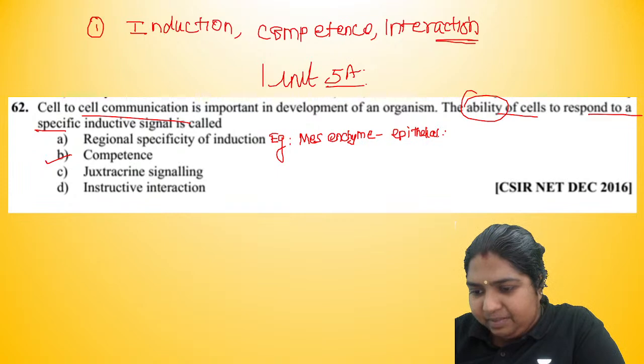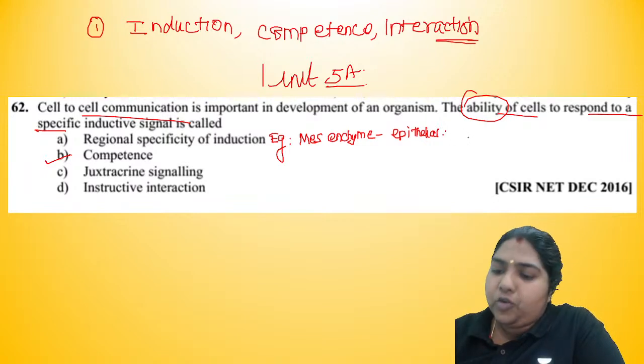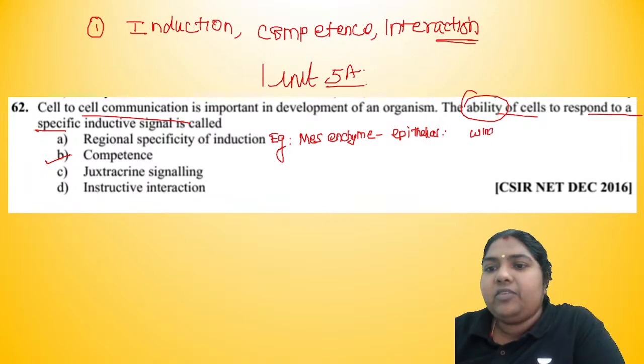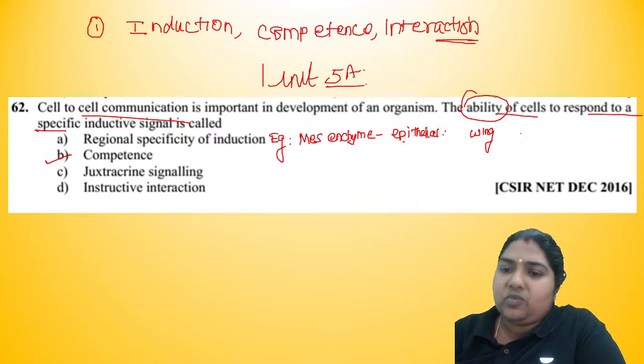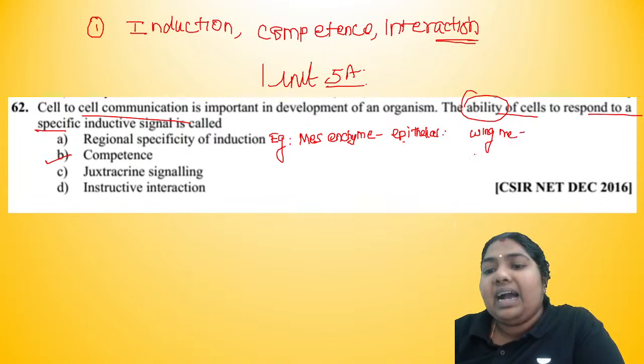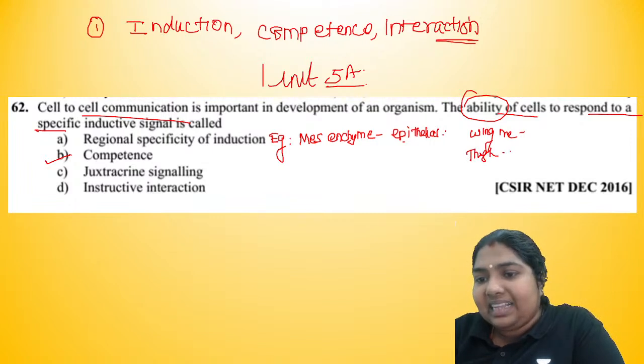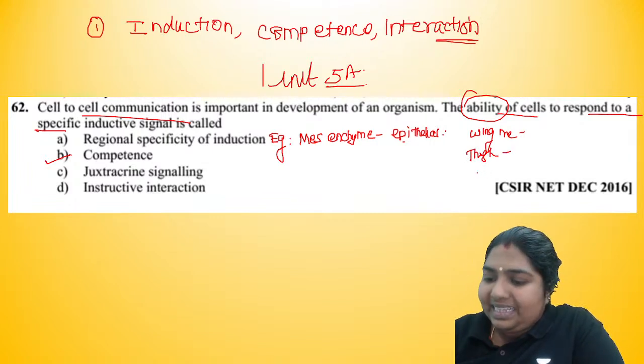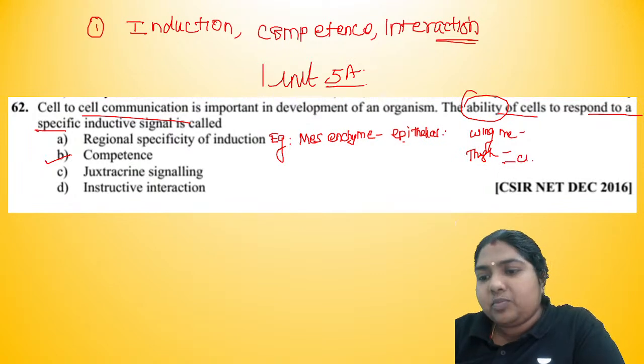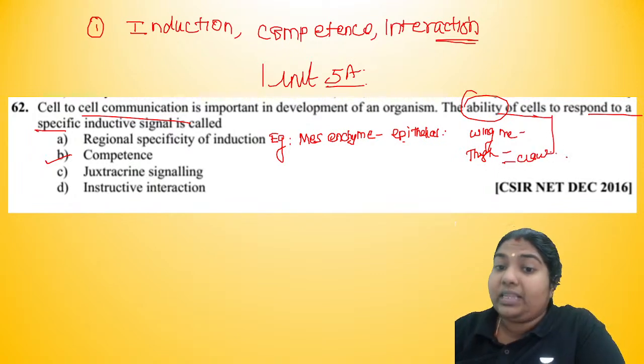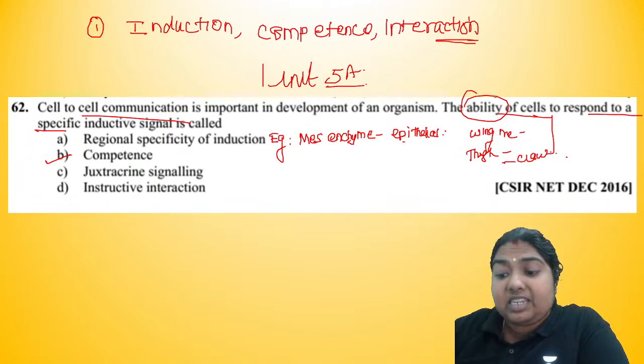Yes, B is the answer. If you put this wing mesenchyme, wings will come, isn't it? If it is going to be your thigh, then thigh feather will come. If it is going to be this end, then it is going to be a claw. You remember that. So that is the regional specificity of induction.